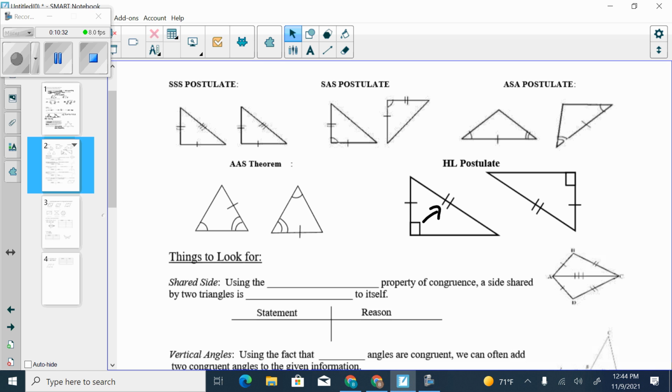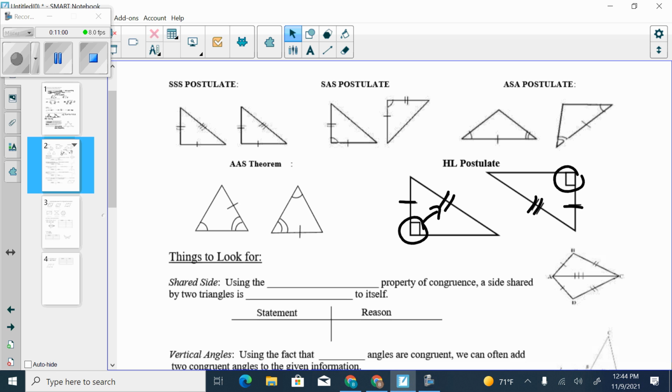You got to have that your hypotenuse is congruent, which is the side across from that angle, as well as the leg, which is just one of those straight sides on either side. Okay, so those are our 5 postulates that prove triangle congruency by just knowing 3 things.